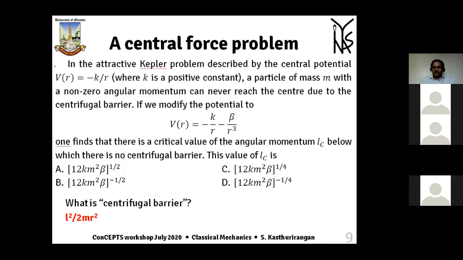The r square theta dot square term, because of conservation of angular momentum, can be rewritten as L square by 2m r square. So you have a kinetic energy term, which is a pure half m r dot square. You call it the effective kinetic energy.